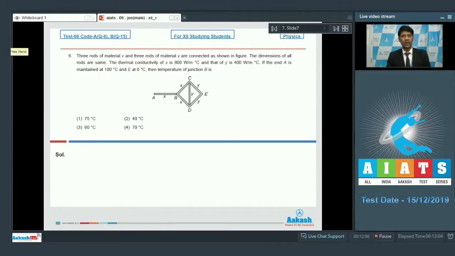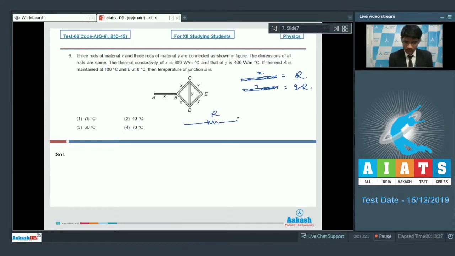It is really proper for us now to draw the diagram in terms of thermal resistance. Well, if I'm saying the resistance of this part X is taken to be R, then definitely the resistance of this part, that is Y, it will be taken as how much? 2R, because its conductivity is half of the material of X. So now we are having a situation here.